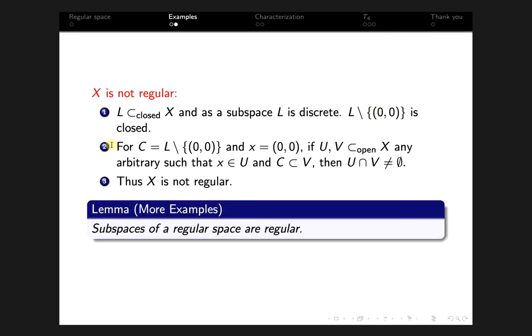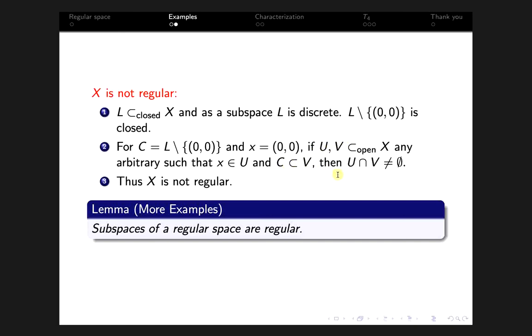Now consider C equal to L minus 0 comma 0 and x equal to the point 0 comma 0, that is the origin. So you see C is a closed set in the slit disk topology, and x is a point that is not in C. Now if U and V are open neighborhoods of the closed set C and x, then they are never disjoint.